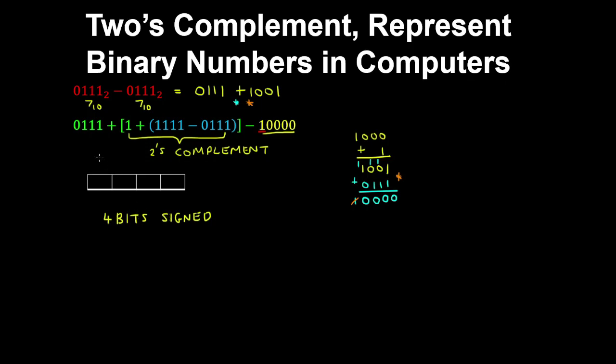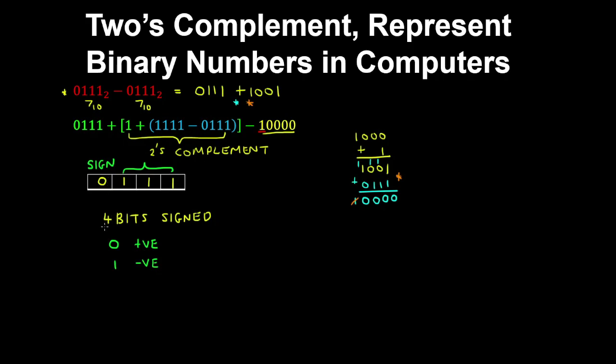So where we have 4 bits signed, the first bit represents a sign of a number where 0 is positive and 1 indicates a negative number. And then the remaining 3 bits over here are used to store the actual number. So in our case where we have positive 7, we have 0 for the sign, and then 1, 1, 1 for the number.